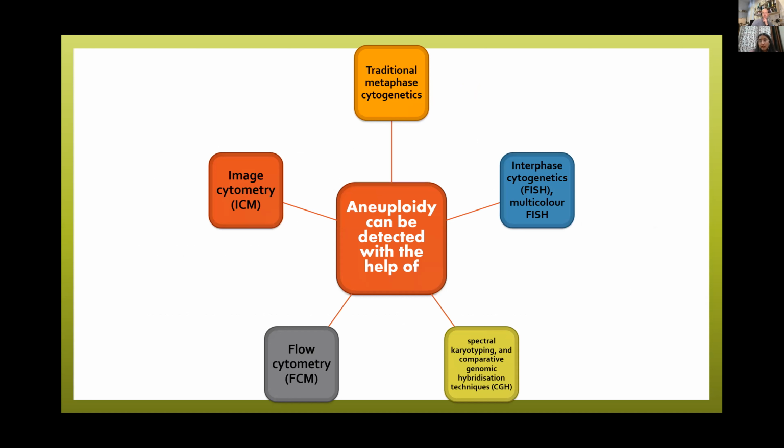Aneuploidy can be detected with the help of traditional metaphase cytogenetics, interphase cytogenetics like FISH or multicolor FISH, spectral karyotyping and comparative genomic hybridization techniques, flow cytometry, and image cytometry.